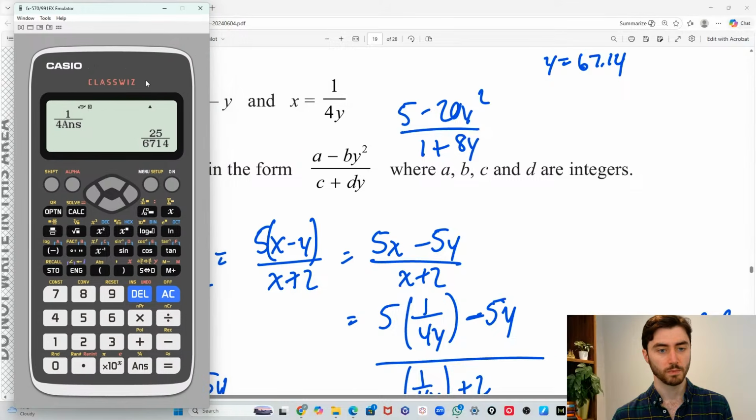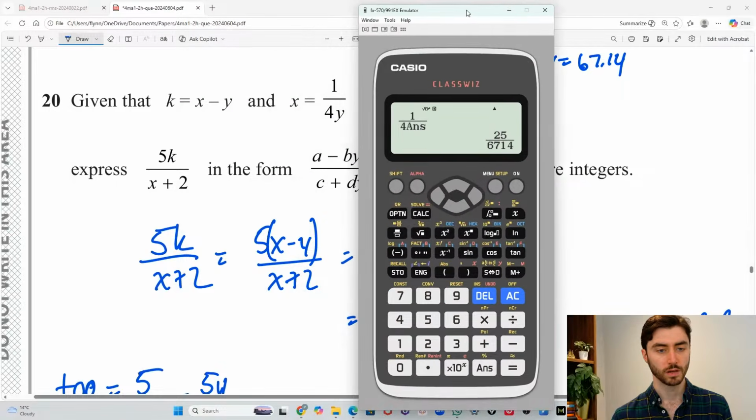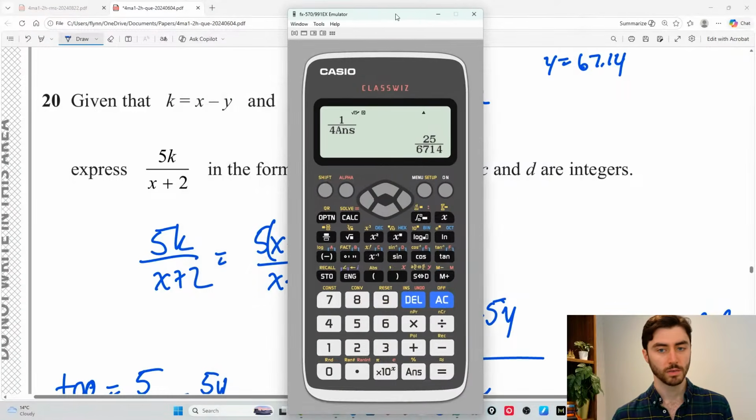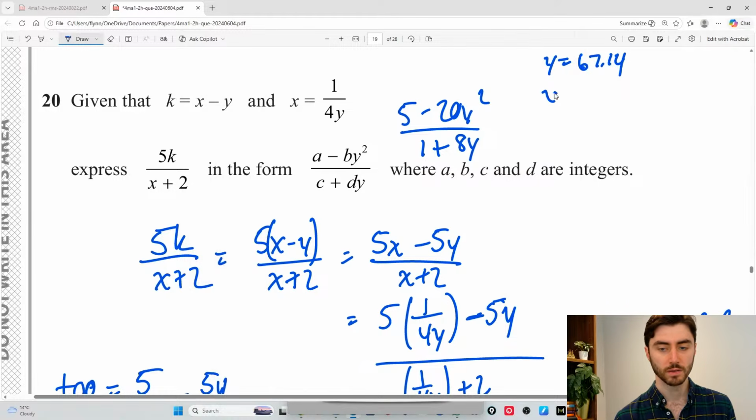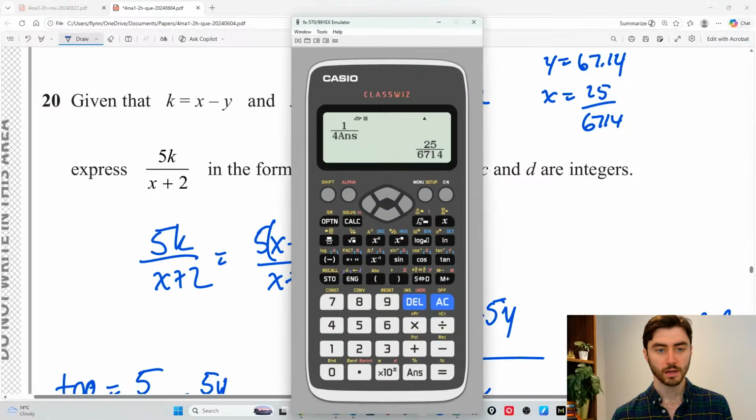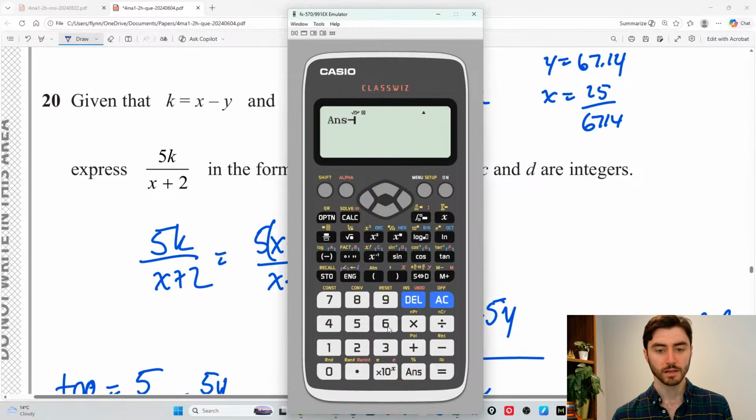K value would be equal to, well, let's write this in. So it's 25 over, what was that? It was 67.14 is my x. My k value would be that minus y.